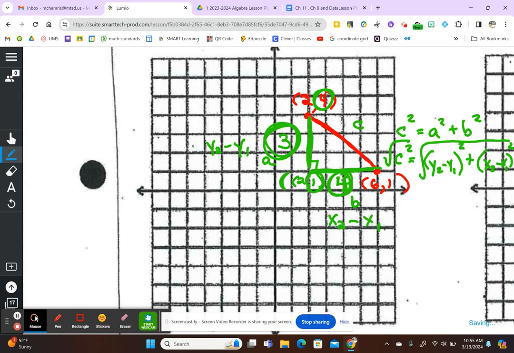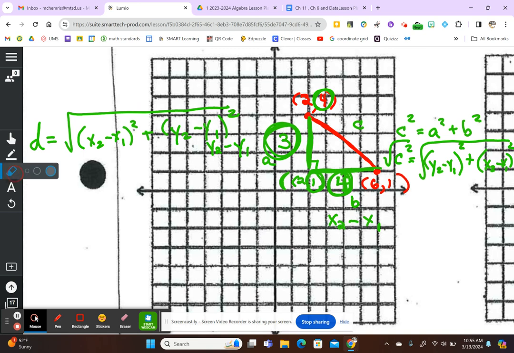And we find out that the length of C, or the distance of C, is the square root of the difference in your x's squared plus the difference in your y's squared. And that is the distance formula. And it's derived by using the Pythagorean theorem.